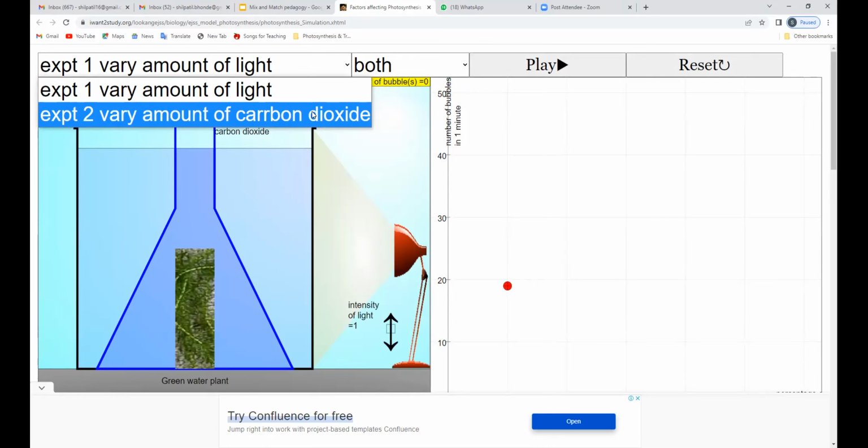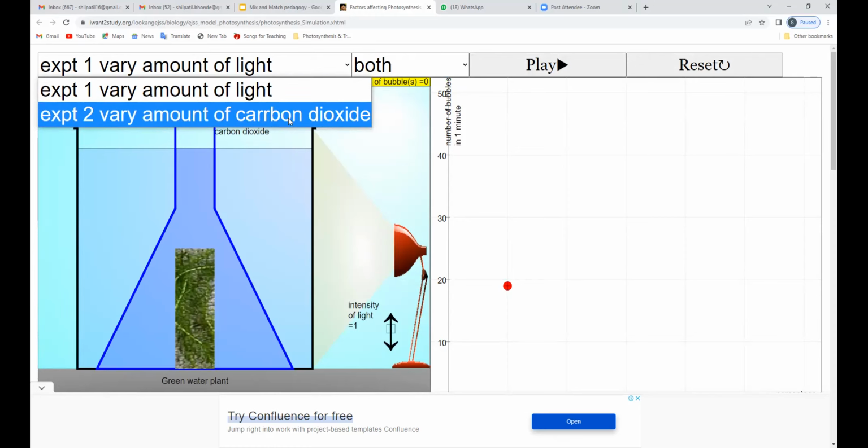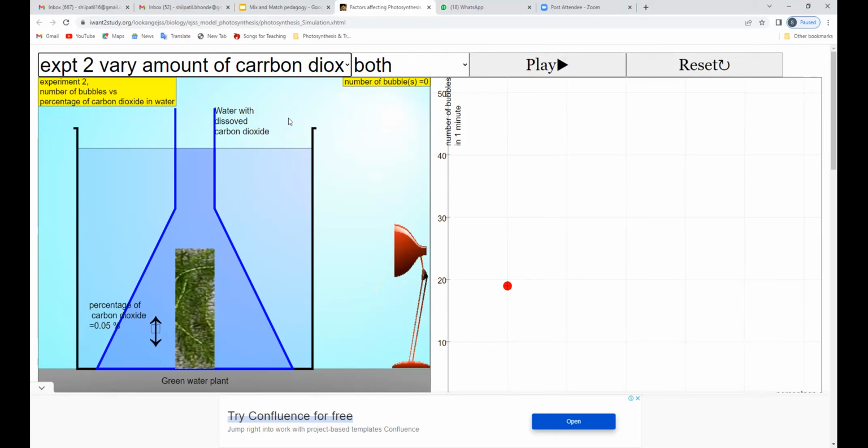Here in experiment 1, we can change the amount of light. And in experiment 2, we can change the amount of carbon dioxide. Now here we have to wait for a minute to obtain data. Here we can see there is a graphical representation and it is changing.